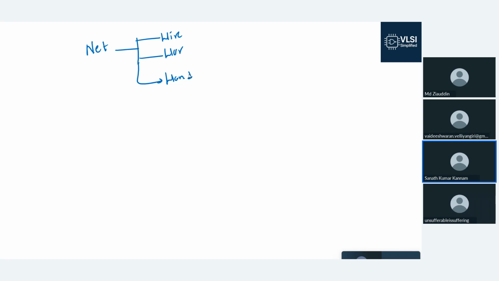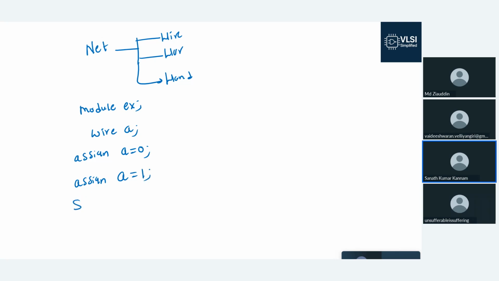So if you see one example: module example, wire A, assign A equal to 0, and assign A equal to 1.